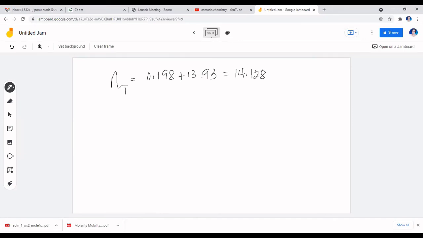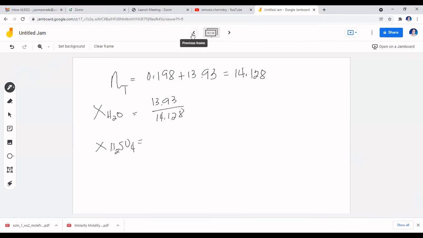Okay. Then mole fraction. So X, right? Mole fraction is X. X of H2O, and X of the other substance, sulfuric acid. So for H2O, we have 13.93 divided by 14.128. And this is sulfuric acid, H2SO4.